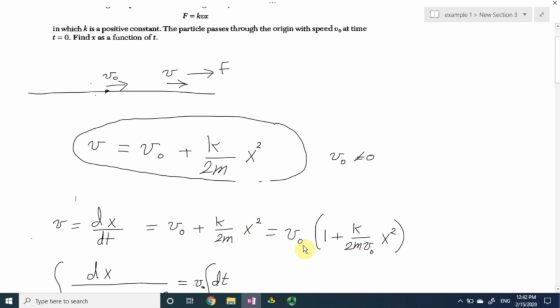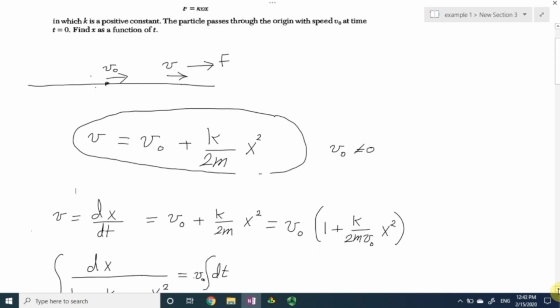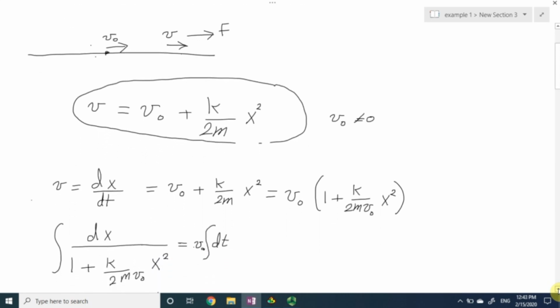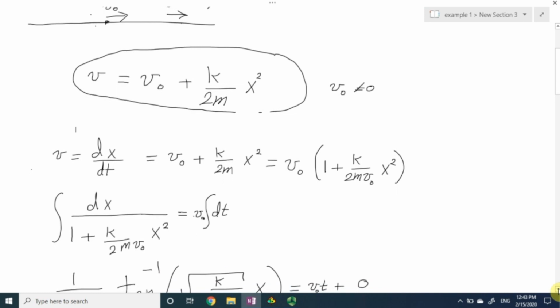What I simply did was take v0 as a common factor, so this becomes 1 plus this constant divided by v0 times x squared. There is really no physical reason for taking v0 as a common factor. It's just for mathematical clearness, to make the mathematics easier later.